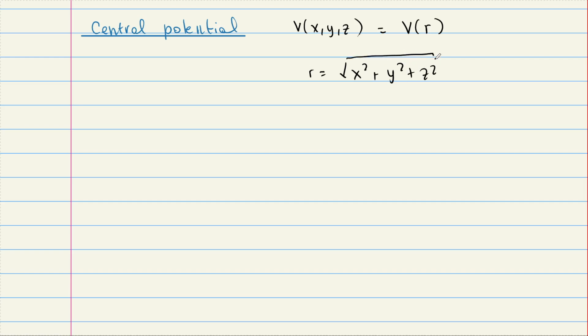That's the distance to the origin. We call this central potential. And in this potential, it is favorable to use spherical coordinates, because in that case you can separate the variables. So let's consider the spherical coordinates.